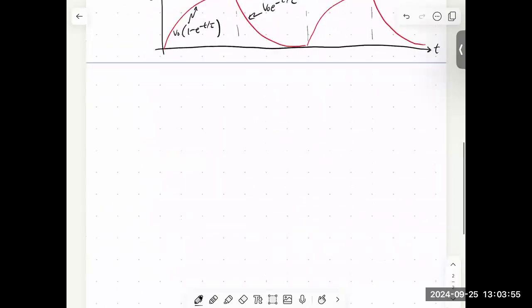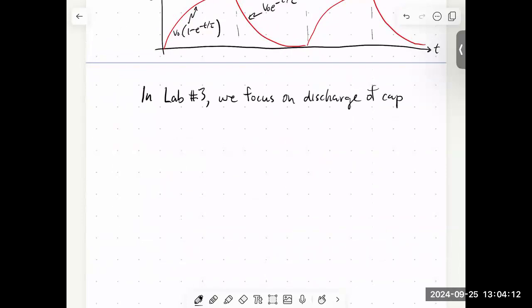Okay, so in Lab number 3, we will focus on the discharge of the capacitor such that the voltage across the capacitor is equal to some maximum times e to the minus t over tau.